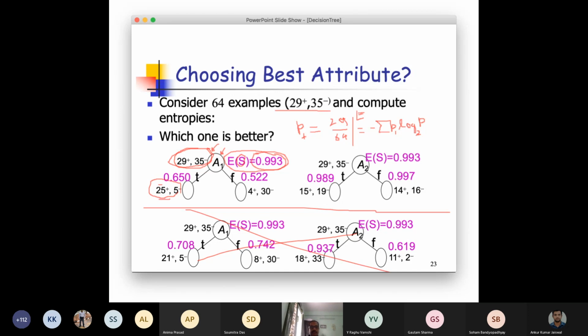So now this is your distribution when the value of A1 is true. When you consider a branching with respect to this, you get this kind of training example set, associated with this node. Now, what is the entropy of this node? Anyone? How do you compute the entropy of this node?